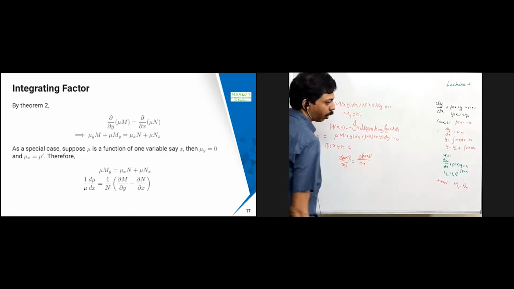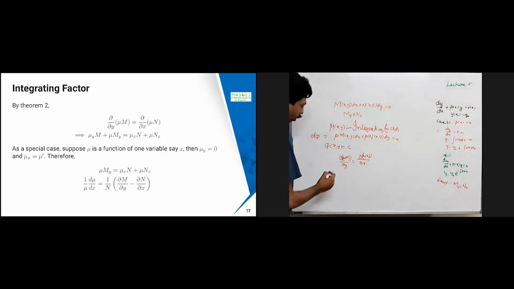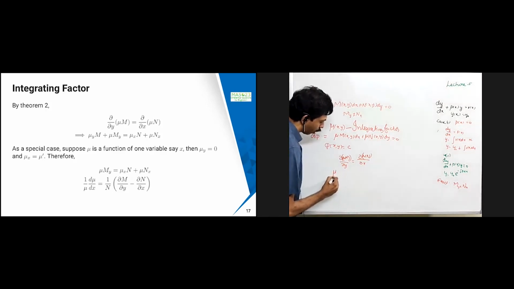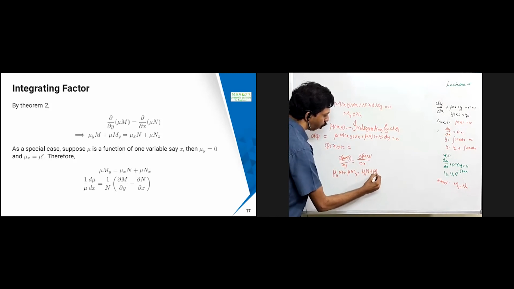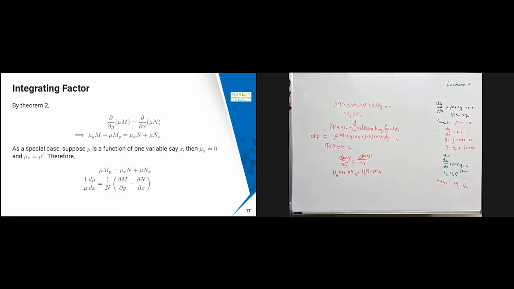This is going to be ν_y M + ν M_y = ν_x N + ν N_x.